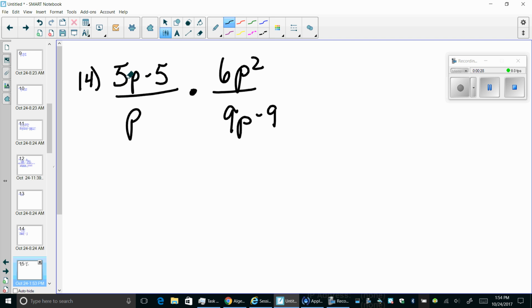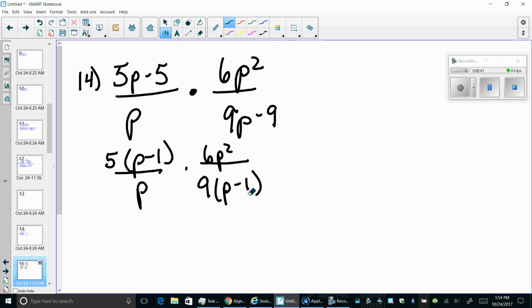So the top here, 5p minus 5 has a GCF, it's 5. That'd be 5 times (p minus 1) over p. And 9p minus 9 is 9 times (p minus 1). So then cancel any common factors you may have. Like the p minus 1s, that's the same, so I cancel that out.